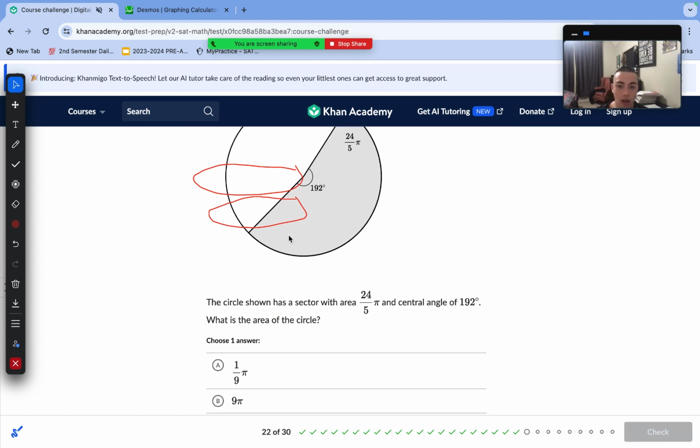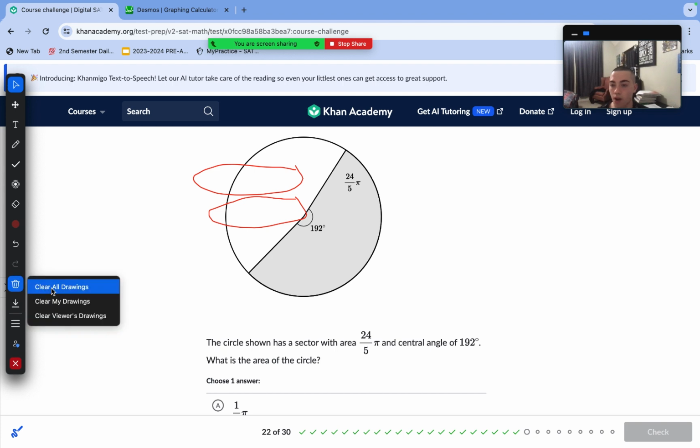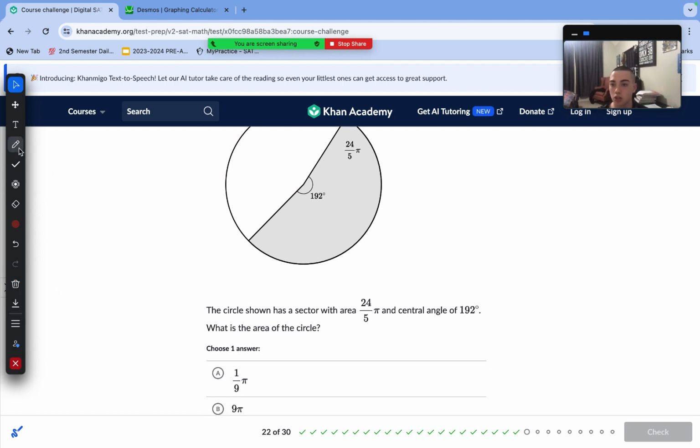Okay, a circle shown has a sector with an area of 24 over 5 pi and a central angle of 192. What is the area of the circle? First, let's find the ratio of central angle to full angle, which is 192 divided by 360. Now we get 0.533.